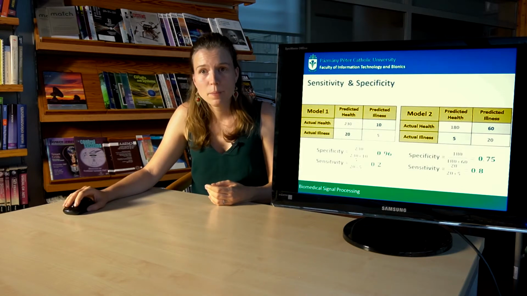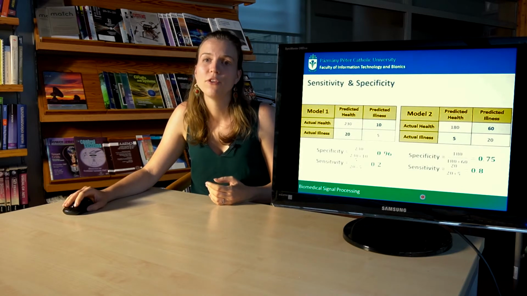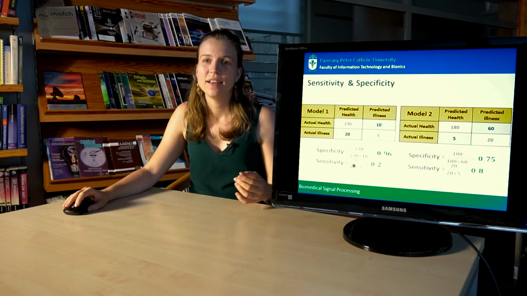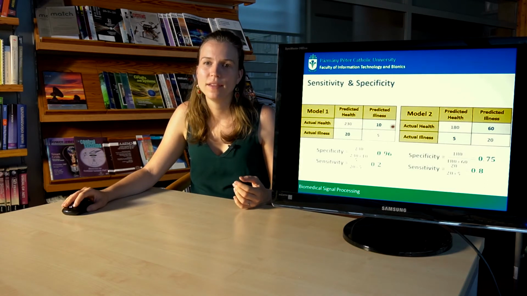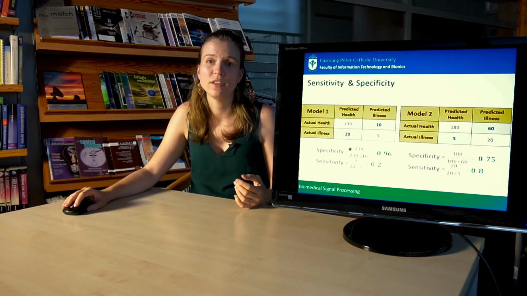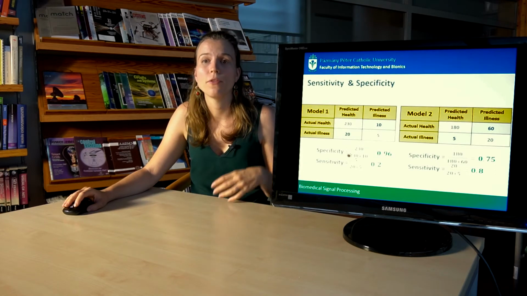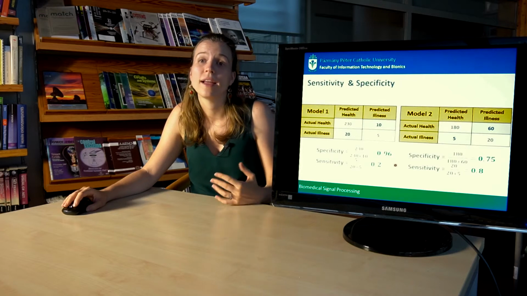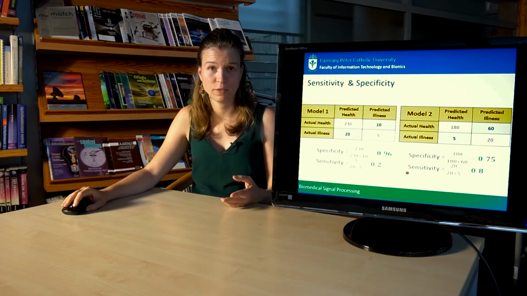So here is an example of how to calculate these numbers. You see that in the first model, so our first test, from the actually healthy people, these 240 people, 230 are tested healthy. So the specificity of this test will be 230 over 240, which is 0.96, which is a very good specificity.